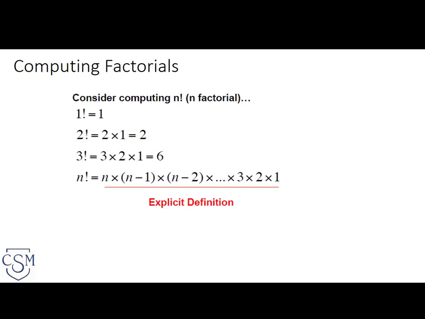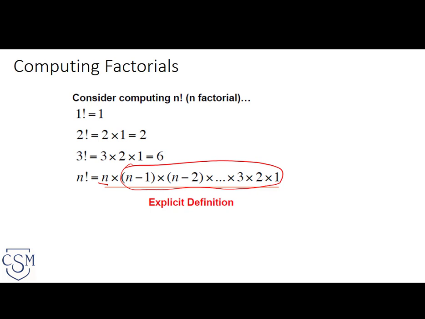So this is sort of the explicit definition, but how could we think of this as a recursive function? So let's think about it, and really this is n, and all of the rest is what?